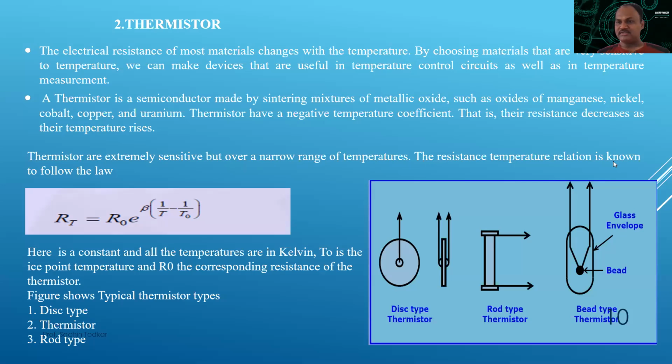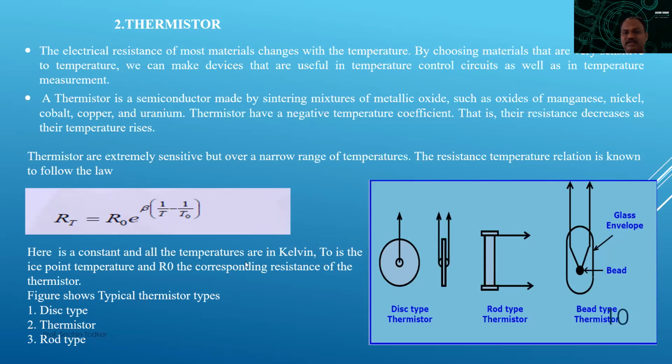The resistance temperature relation is known to follow the law RT is equal to R0 e raised to beta into bracket 1 upon T minus 1 upon T0. R0 is the initial resistance. So it is having a relation like this, which is a negative temperature coefficient.